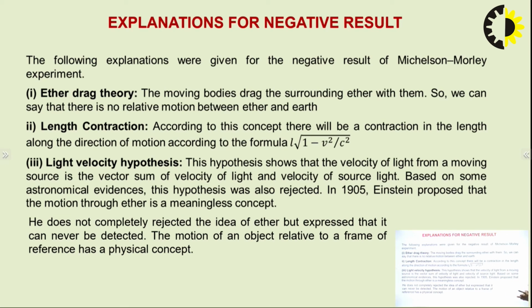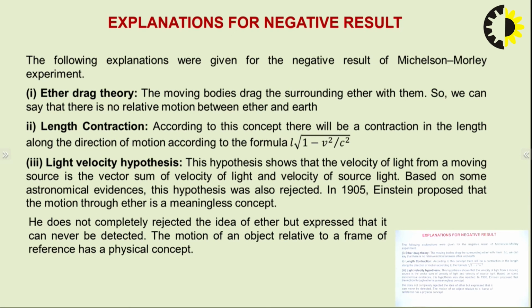The first explanation which was given to save the ether hypothesis was the ether drag theory. According to this theory, the scientific community mooted the idea that when any kind of heavenly body moves with respect to ether, it will drag ether along with its motion.